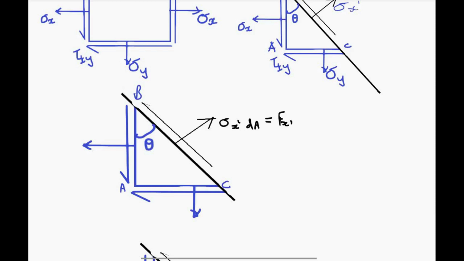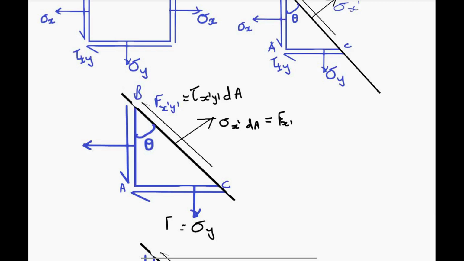Our normal stress is sigma x prime, and assuming the area of plane BC is dA, the force will be sigma x prime dA. For my shear force, F x prime y prime will be equal to tau x prime y prime dA.